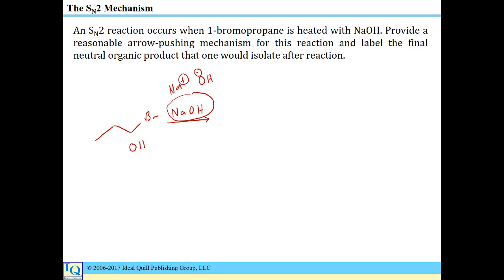The hydroxide is a good nucleophile, and so that will serve as your nucleophile for the SN2 reaction, which is a concerted step leading to the formation of the alcohol. And that is your final neutral organic product.